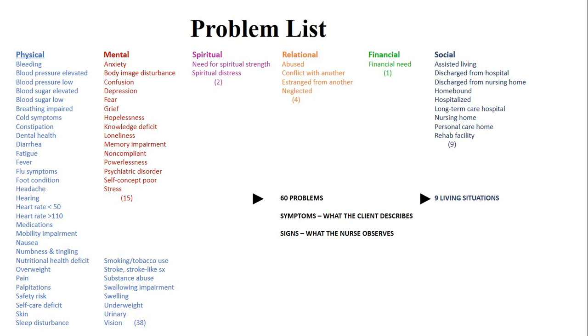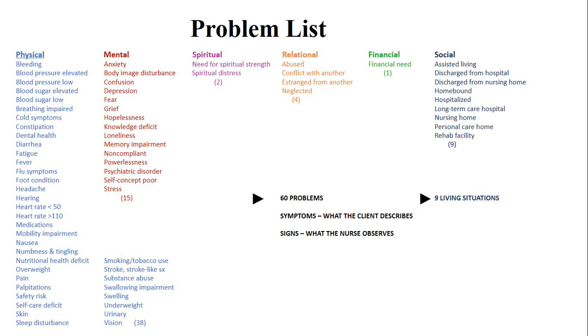There's a list of 60 problems, and then there's this list of social situations, living situations, 9 different ones. So basically, we're working with a small list of 60 problems, and we have found that this pretty much covers the things that we would encounter in our parish nurse ministry.